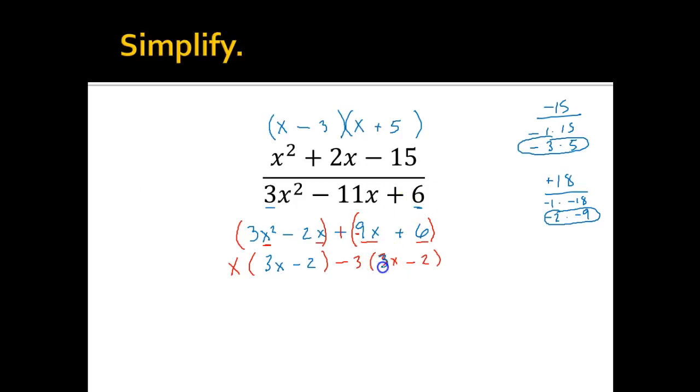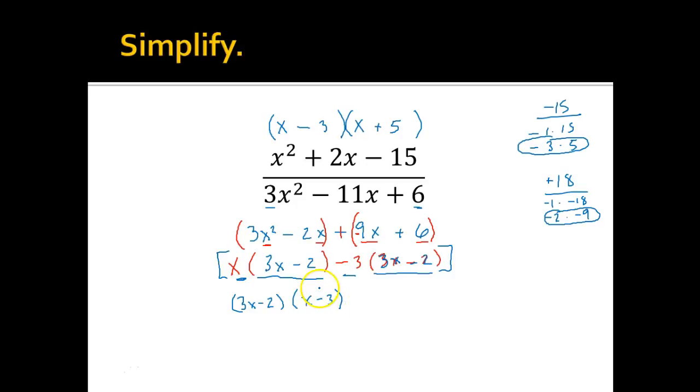There's my 3x minus 2, the same in both cases. So now I treat this as one big binomial, and both parts of it have something times 3x minus 2. I'll take out the 3x minus 2, and what's left over is x minus 3.